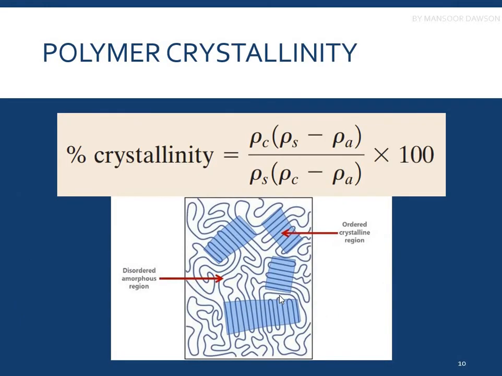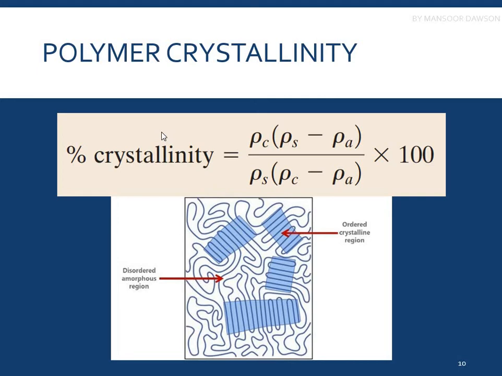Then we have polymer crystallinity. We have done a numerical problem on polymer crystallinity in the previous lectures, in the previous example problems. I'll be putting the link of the video in the description, so you can check out the numerical problem.